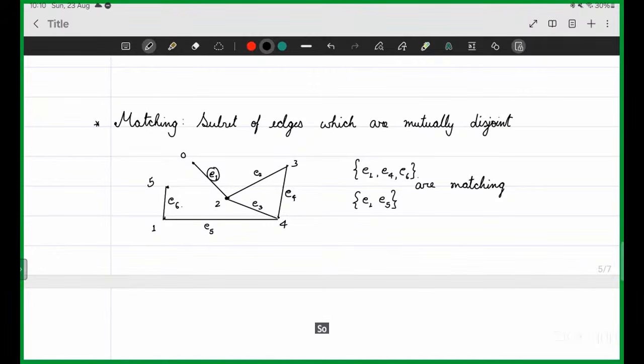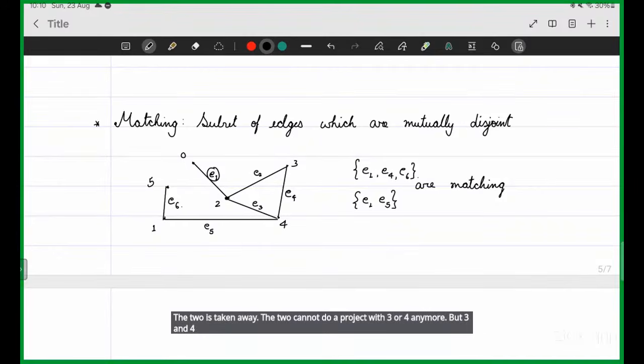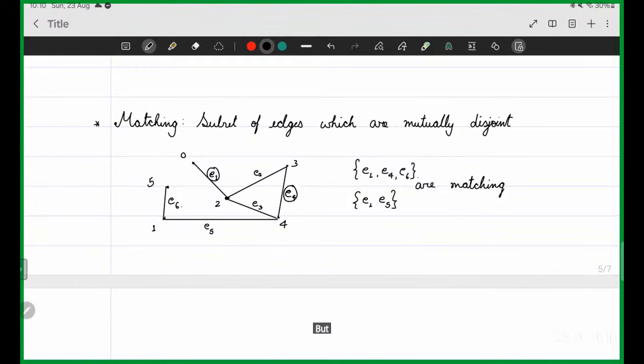So as soon as I say, okay, 0, go and do the project with person 2, the 2 is taken away. The 2 cannot do a project with 3 or 4 anymore. But 3 and 4 can do a project by themselves. That is okay. But as soon as 4 takes 3 as his partner, 1 cannot do a project with 4. But in this case, 1 can do a project with 5.